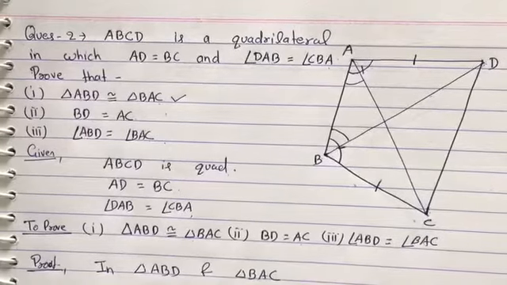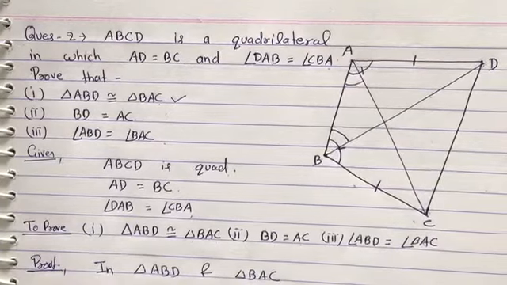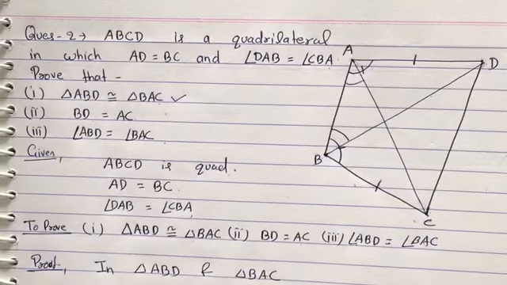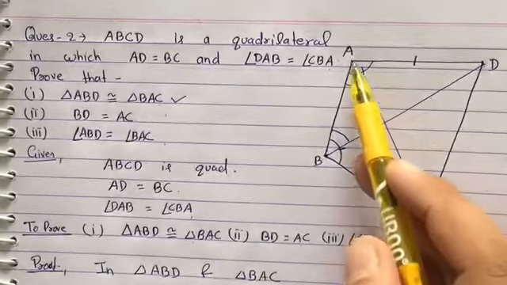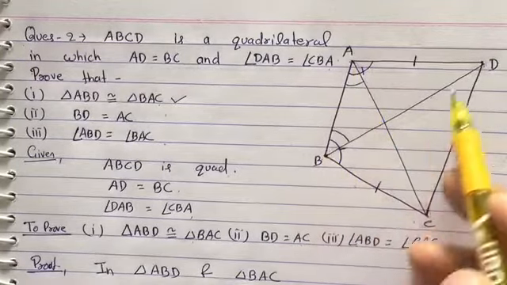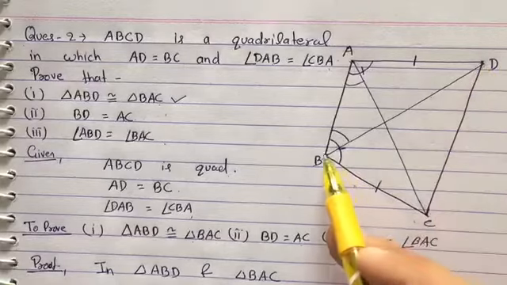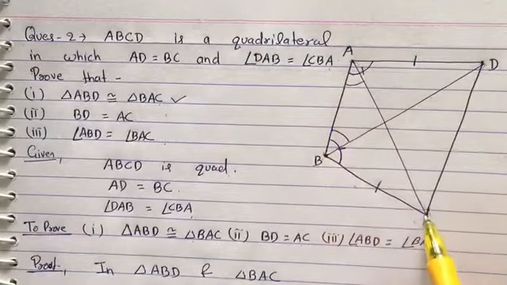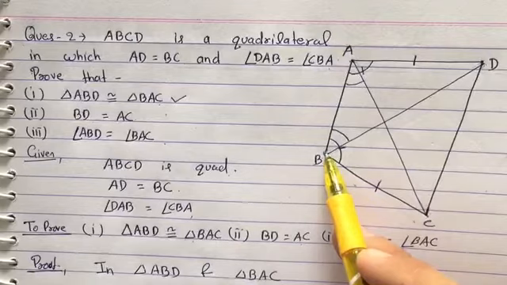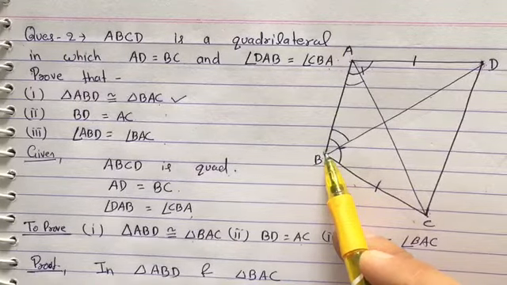Now, because we have to prove that triangle ABD is congruent to triangle BAC, it means we have to consider these two triangles. Triangle ABD, this is the triangle ABD, and triangle BAC, this is the triangle BAC. We have to prove these two triangles congruent. So first thing is what?